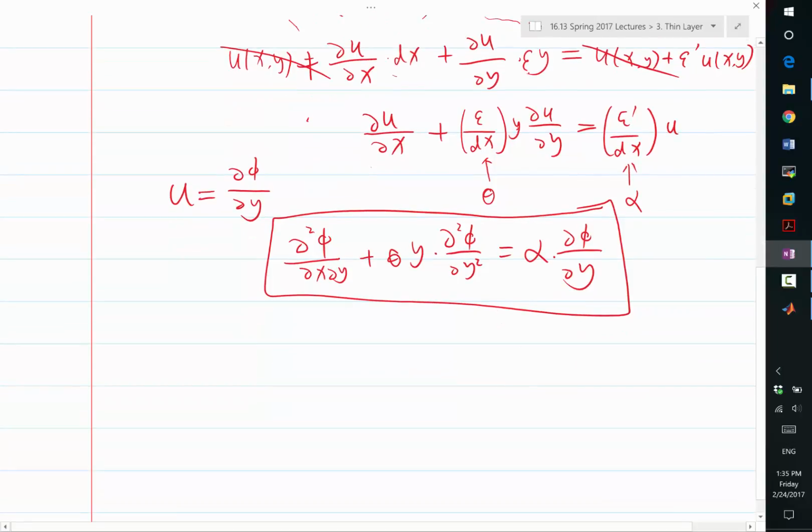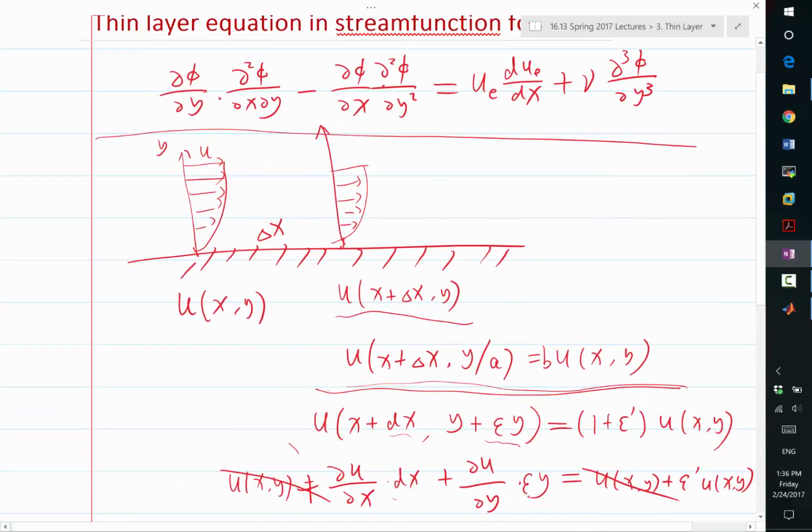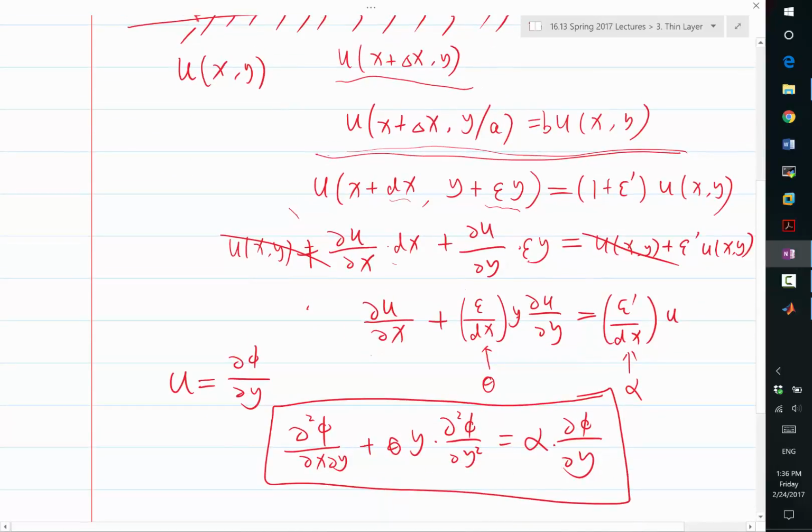Okay, but this relationship gives me a good tool to get rid of the x derivatives here, right? So it helps me get rid of the partial square phi partial x partial y, because I can substitute partial square phi partial x partial y as a function of something that only depends on y. That's our goal.